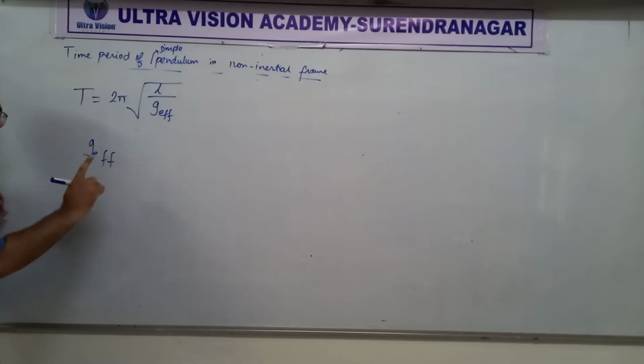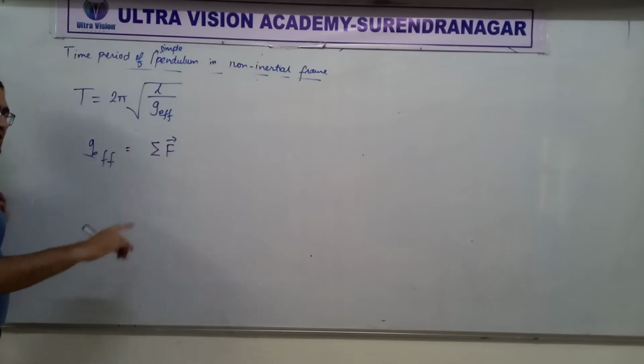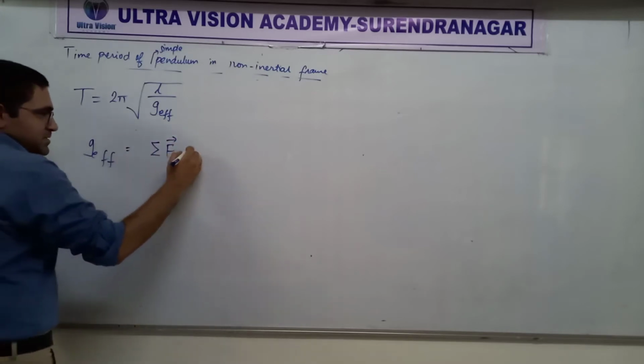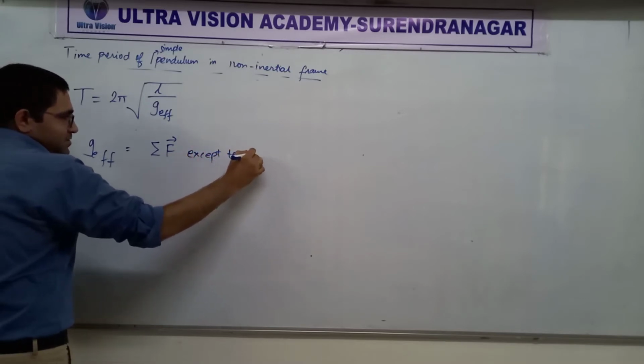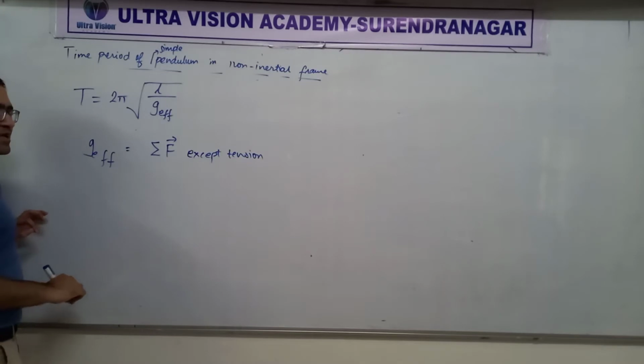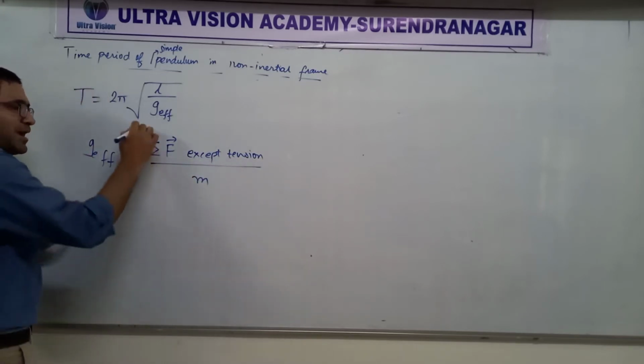G effective means, listen to this carefully, total of all forces except tension divided by the mass of that bob and taken modulus.